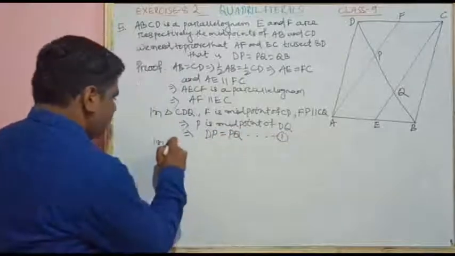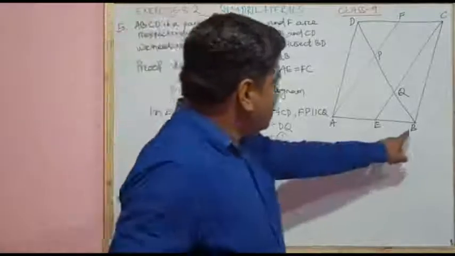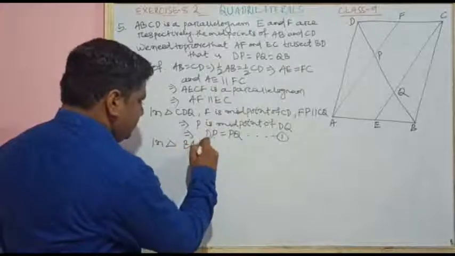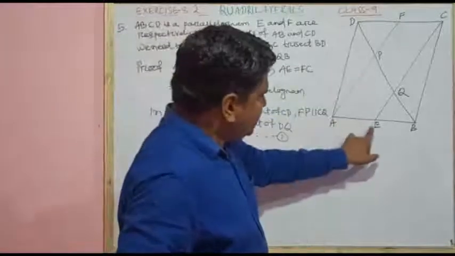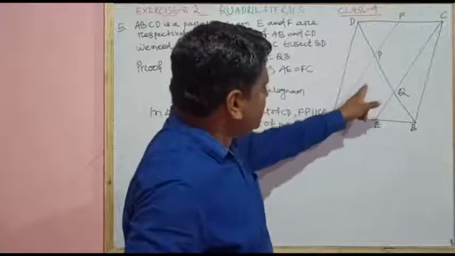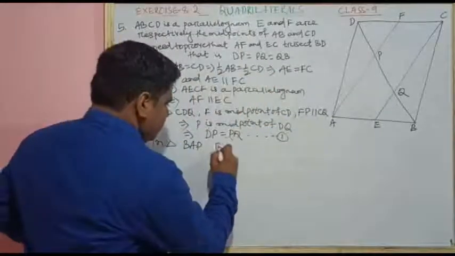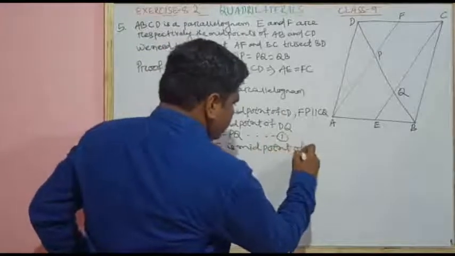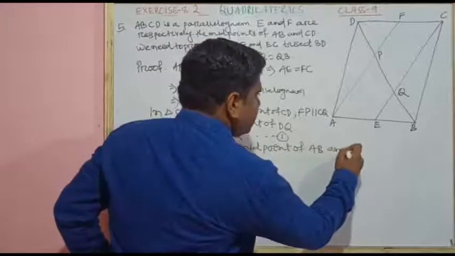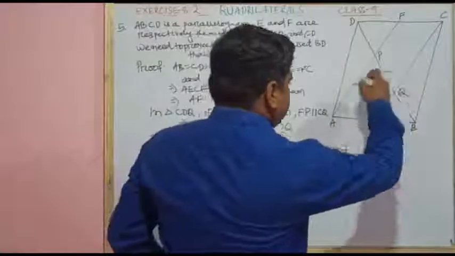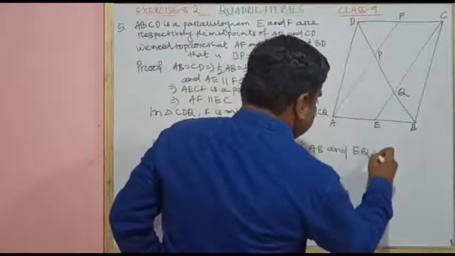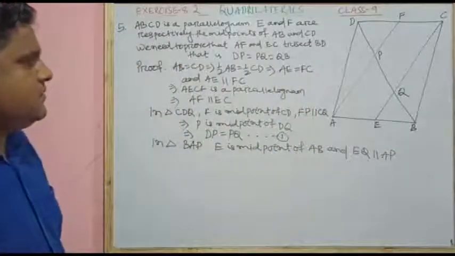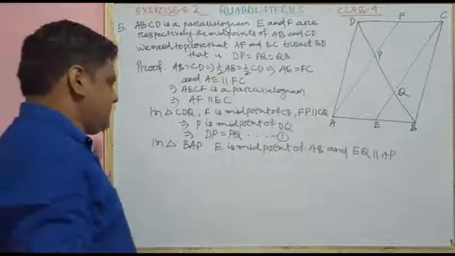In triangle BAP, we know that E is the midpoint of AB and EQ is parallel to AP. This is because AF is parallel to EC.